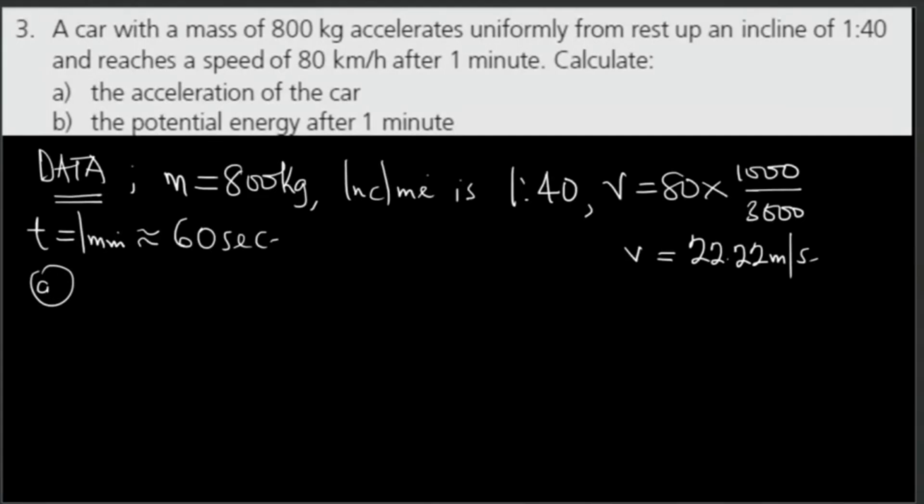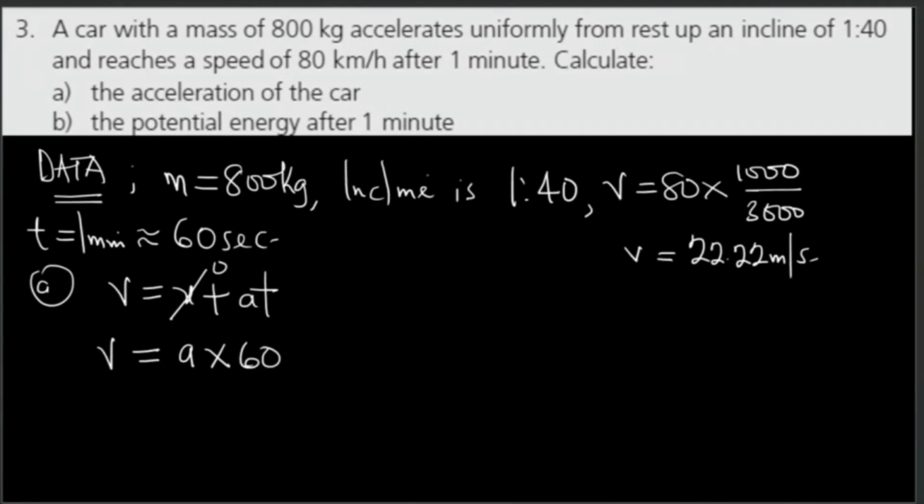The first question there says that we must determine the acceleration of the car. With that one it's easy. You can use the equation of motion v equals u plus at. Because the initial velocity is 0, v equals at, which is the acceleration multiplied by 60.